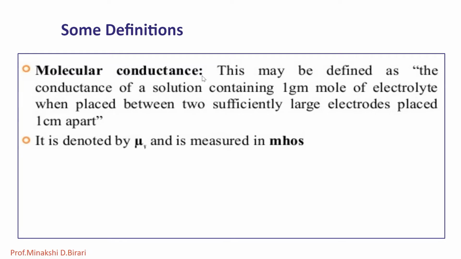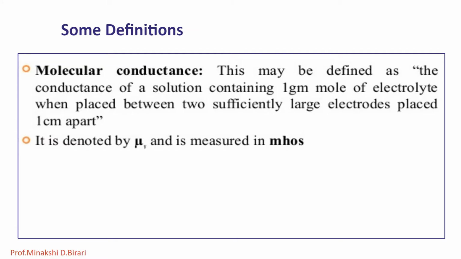So what is molecular conductance? It is the conductance of a solution containing 1 gram mole of electrolyte when placed between two sufficiently large electrodes placed 1 centimeter apart, and it is denoted by μ. It is measured in terms of mho.